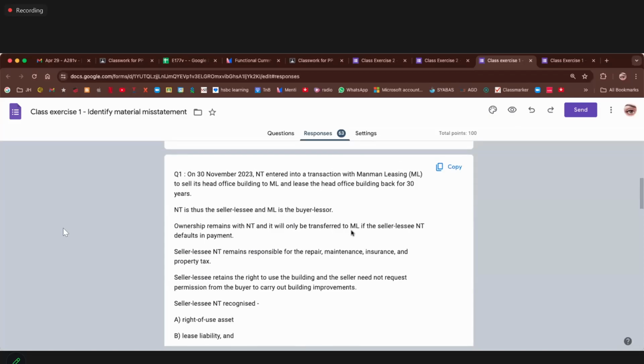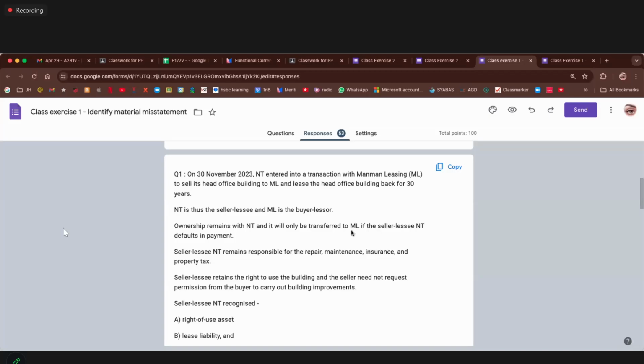Based on just the case study that we have here, it looks more like the risks and rewards of that asset have never been transferred. It looks more like a financing where the building is used as collateral.